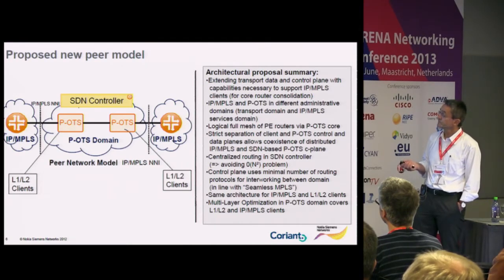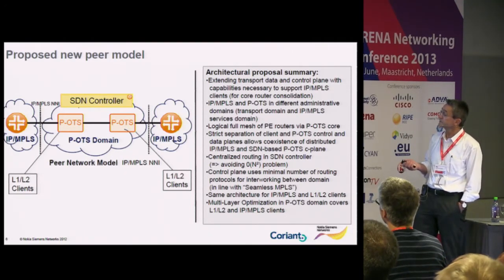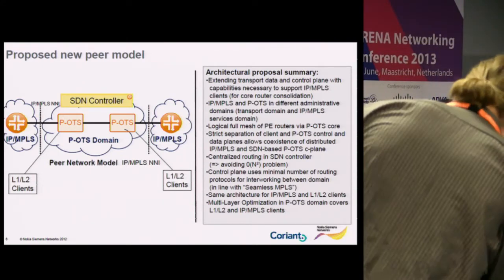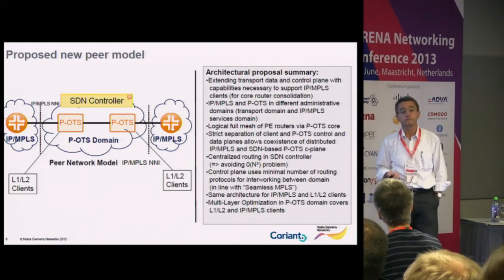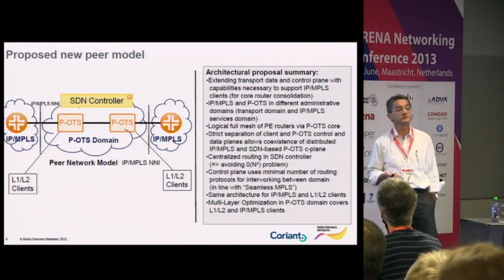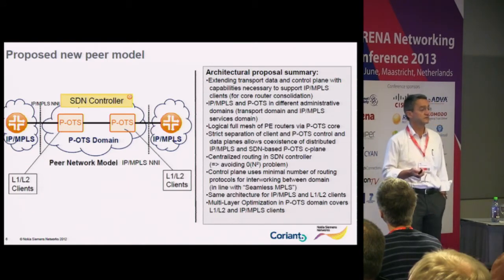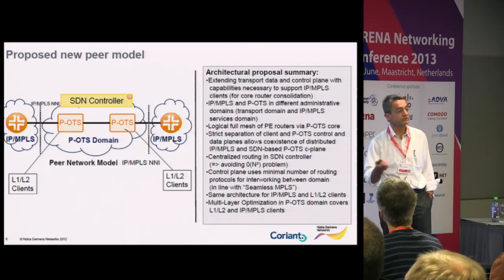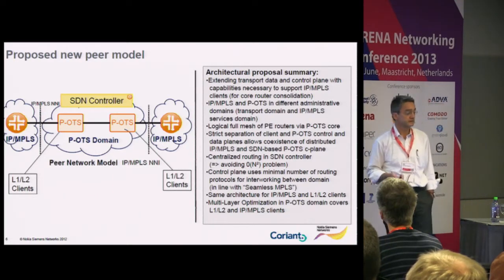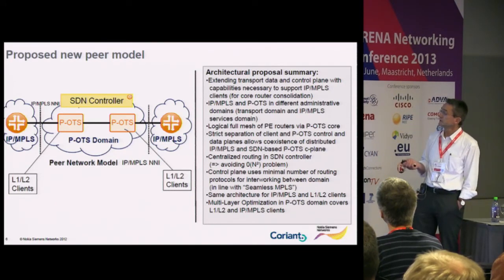Then, as you can see here with this little indication of a router, using centralized routing in an SDN controller, this is something which has been also proposed since many years and is now being investigated by many organizations, research organizations, but also in industry. And we have done also some tests on this, as I will show later.